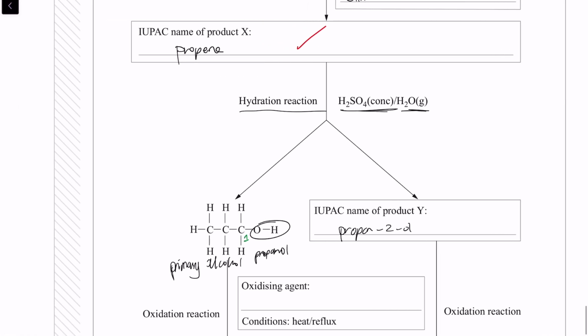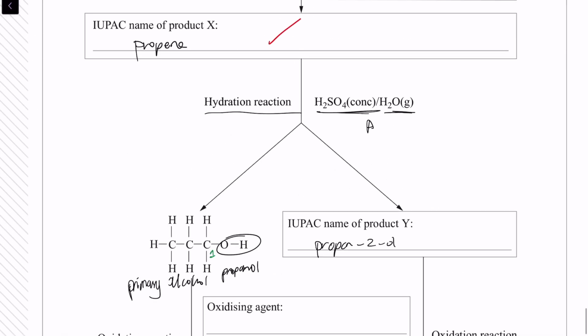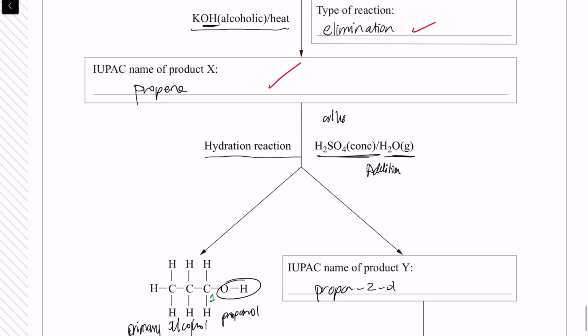As a gas. So we know that this is definitely going to be an addition reaction. And when we're going from an alkene through an addition reaction, we form an alcohol. And obviously we have our two types. So that's the primary and the secondary. Okay. So again, once you've drawn out these pathways a couple of times, then it's not that difficult to realize, okay, an alkene can go to an alcohol through an addition reaction.